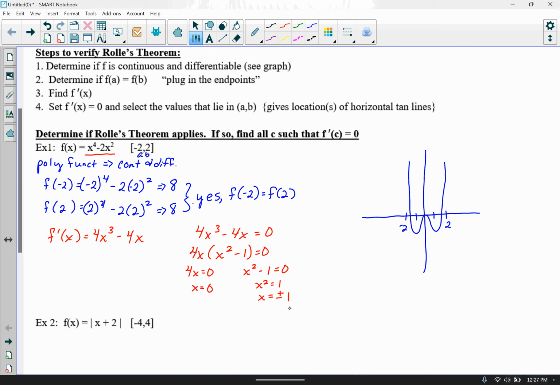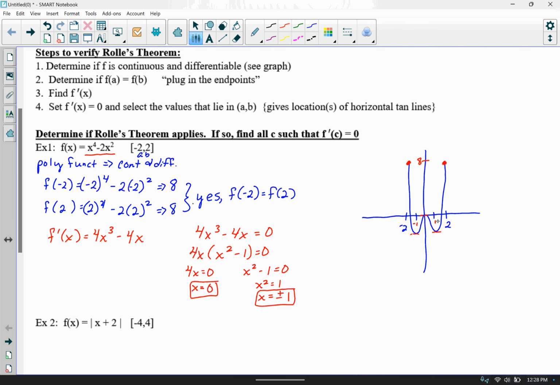So we are saying that all of the c values where we would have horizontal tangent lines, where my derivative equals 0, happen at these 3 spots. And if you come back over here and look, I can verify some things. Here's my 8, so negative 2, 8, and positive 2, 8. We can see that we have horizontal tangent lines here, here, and here, and they happen at -1, 0, and +1.